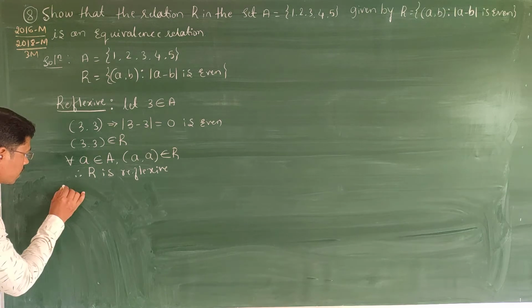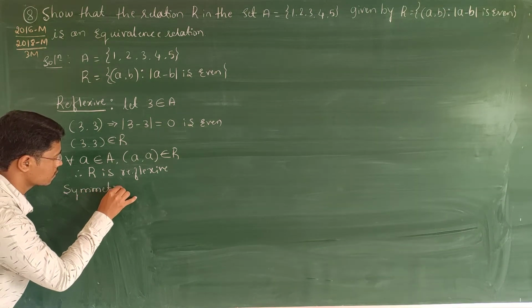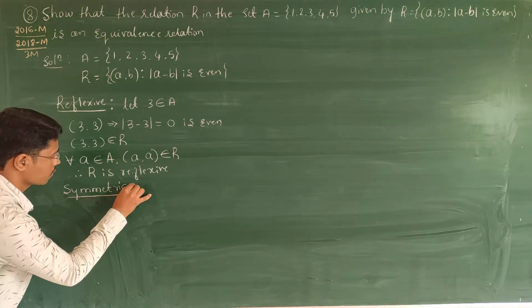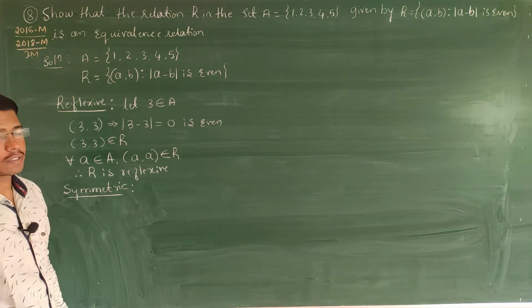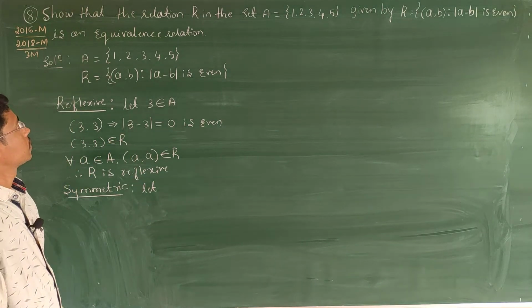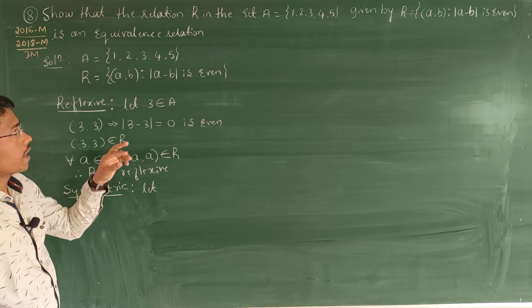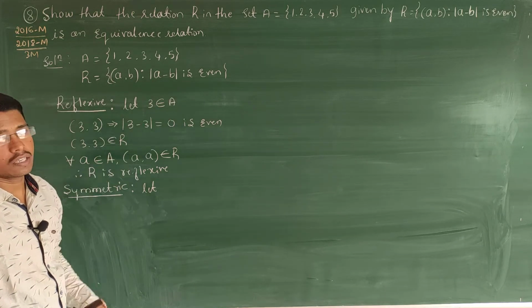Okay. Next relation is symmetric. So consider any two numbers such that |a − b| is even.